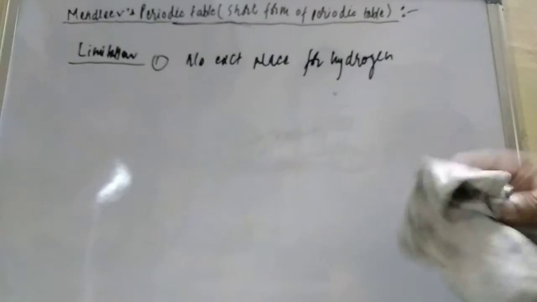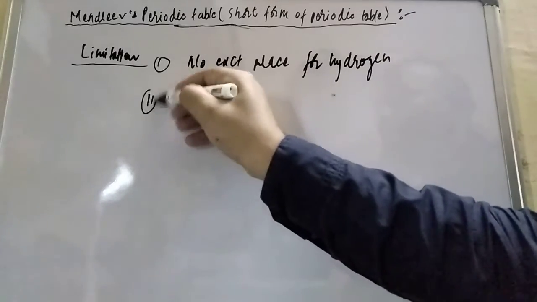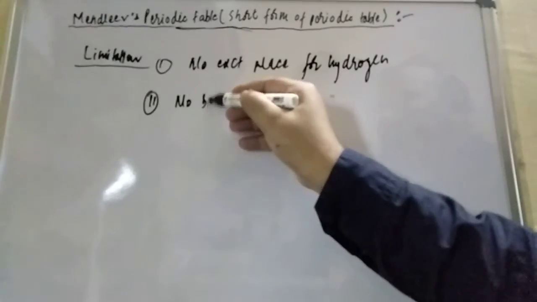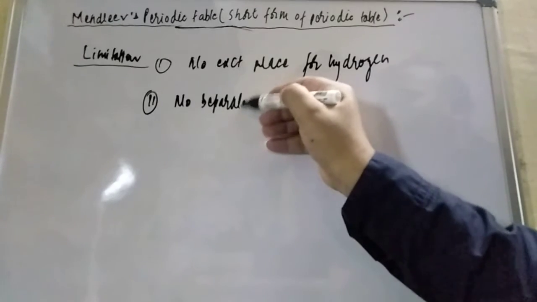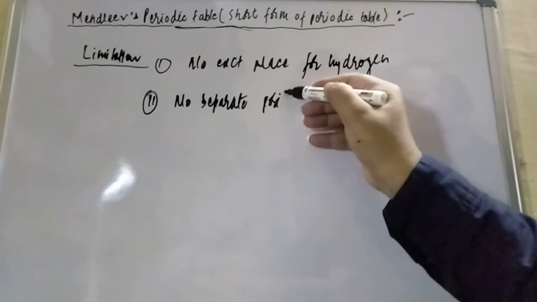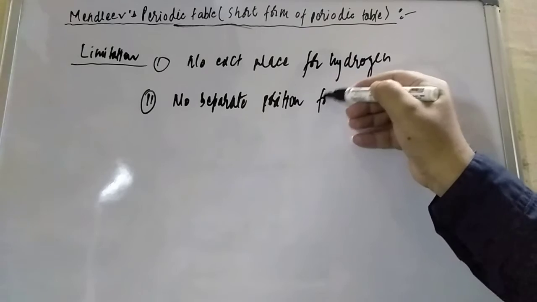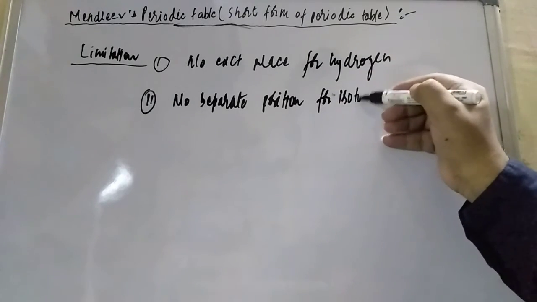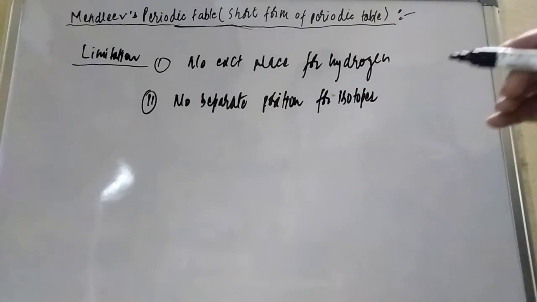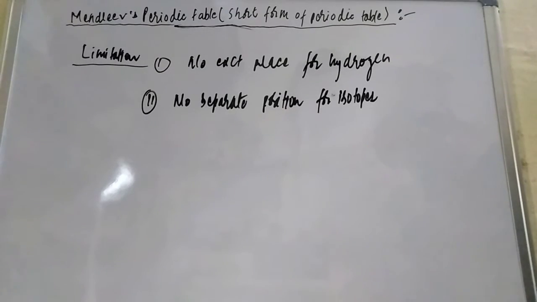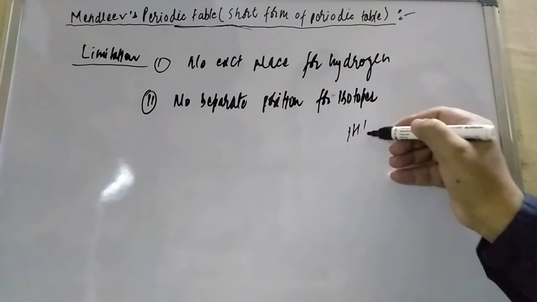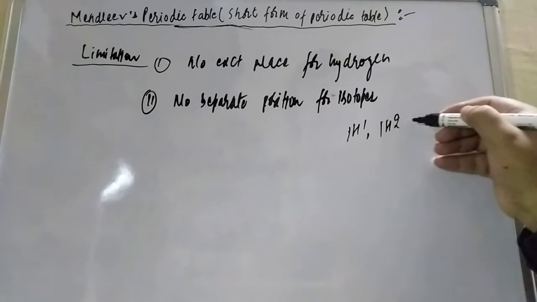Now student, the second demerit due to which this periodic table failed is that there is no separate position for isotopes. When you talk about isotopes, friend, here is the 1H1 hydrogen isotope, 1H2 and 1H3.